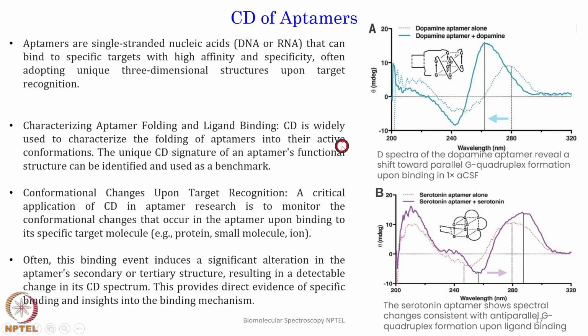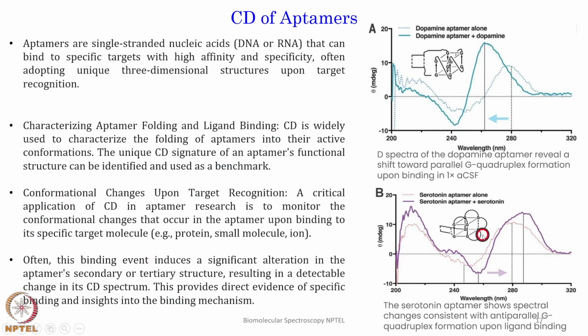CD can be used to characterize the folding and ligand binding of an aptamer, and it gives an interesting signature, because the unique CD signature of the aptamer's functional structure can also be used as a benchmark, and that conformational change happens.